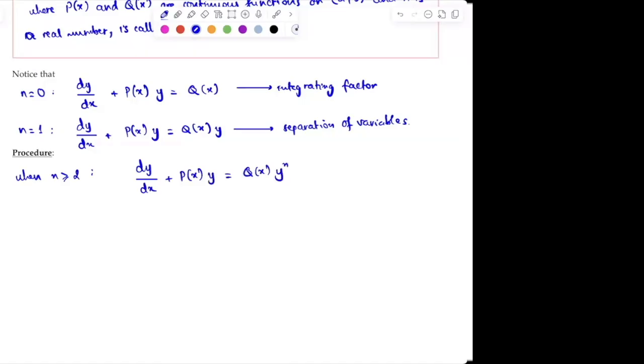Now, what you do is divide both sides of this equation by y to the power n. That is, you have 1 over y to the power n times dy/dx plus p of x times 1 over y to the power n minus 1 equals q of x.